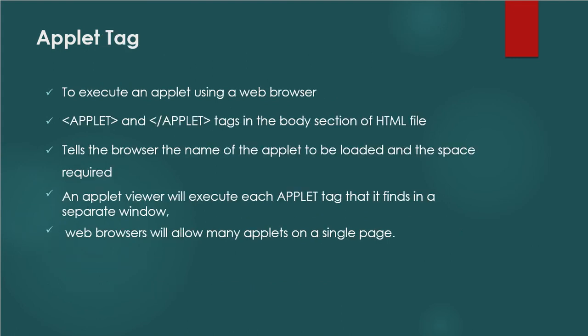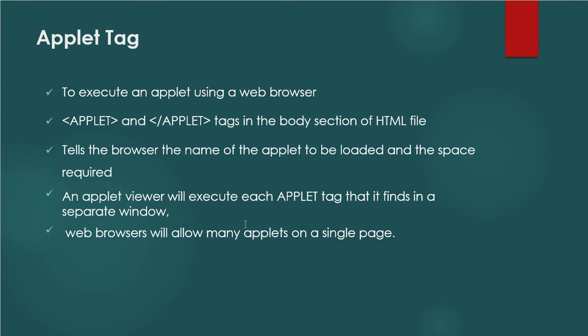Now, before completing your HTML file, you will have to use a pair tag called the applet tag to include your applet code. As I said, it is a pair tag. This will tell the browser the name of the applet to be loaded and also the space required. You will see how to use the applet tag in detail.